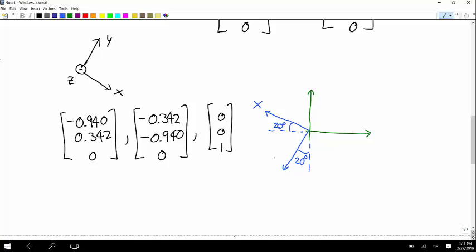And so if this is the x-axis, this is the y-axis, the z-axis is coming out. And that's a right-handed coordinate system. But it's not a right-handed coordinate system if you wanted this to be the x-axis and this to be the y-axis or something.